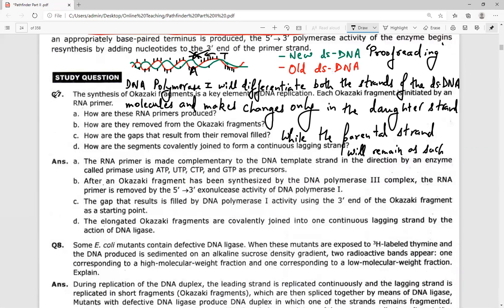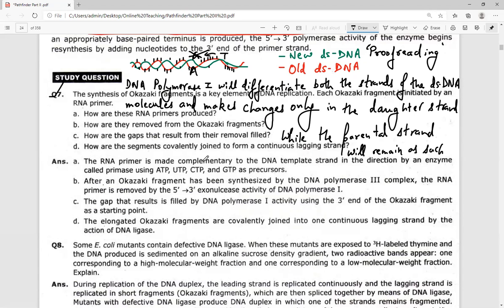Please do attempt all these questions on how Okazaki fragments are produced. You can see the synthesis of Okazaki fragments is a key element of DNA replication. Each Okazaki fragment is initiated by an RNA primer. How are these RNA primers produced?